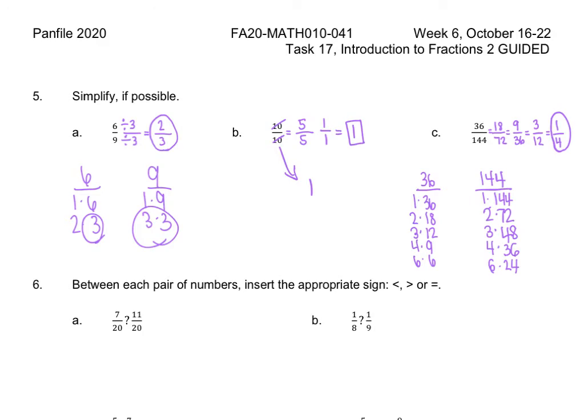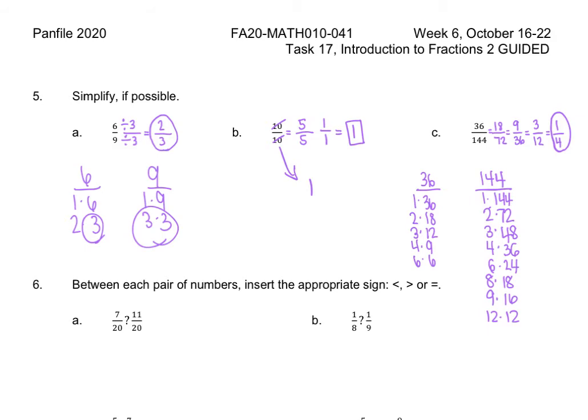It would help if I had my multiplication chart handy. Times 18, 9 doesn't work. Oh, 9 does work. 9 times 16. 10 doesn't work. 11, 12 does work. And I'm done.